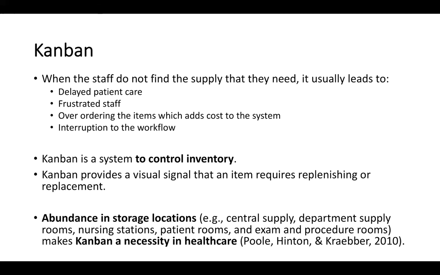And here, since it's a two-bin system, whenever one bin is done, they place the order for that bin. But if it's only one bin, that's similar to the example that I mentioned, when you want to have a predetermined level.